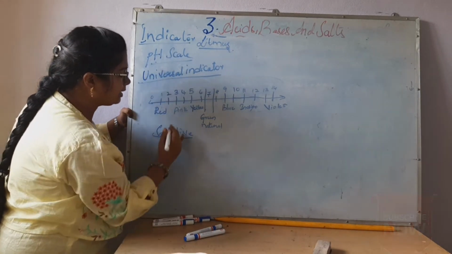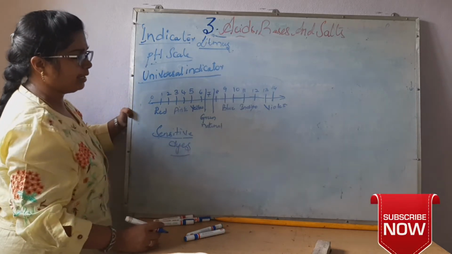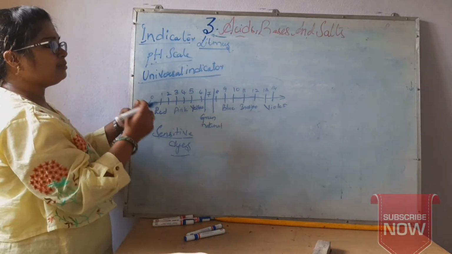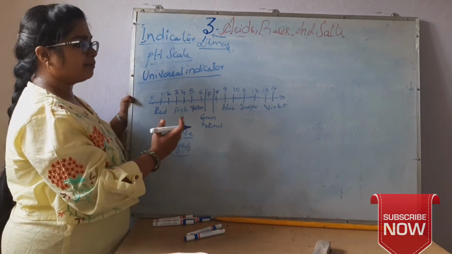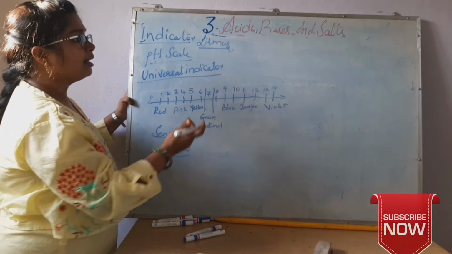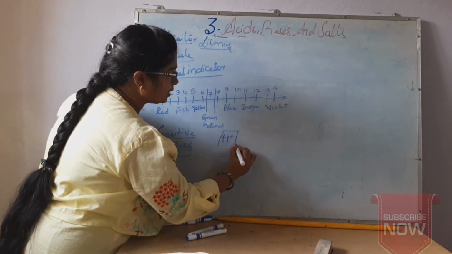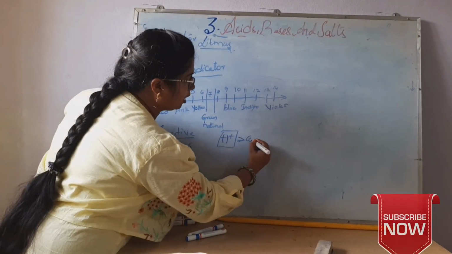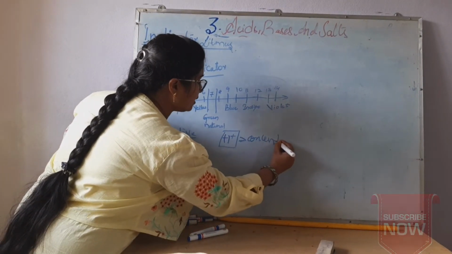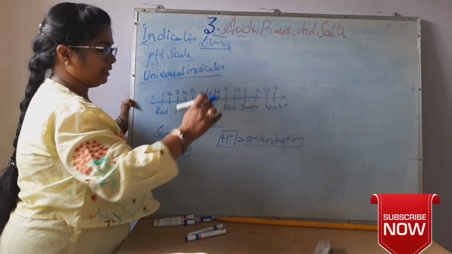This scale is made up of different dyes, and it plays a very important role in calculating the H plus ion, hydrogen ion concentration. It will give you the concentration of H plus ions.